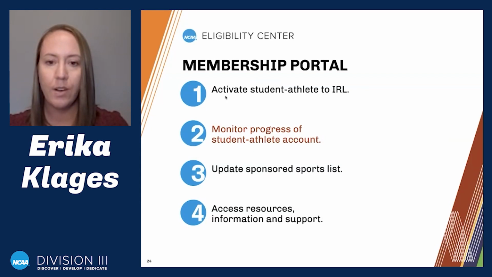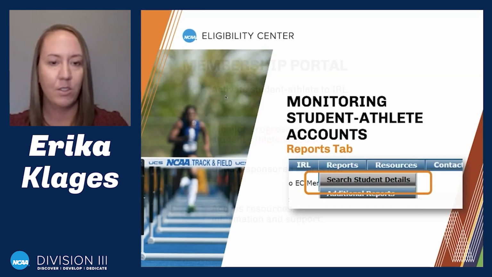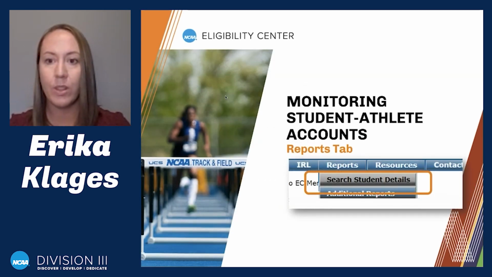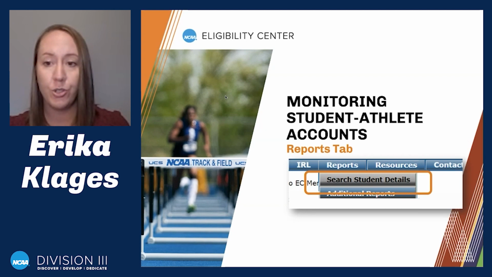So next, we are going to focus on the monitoring of current IRL PSAs, who are currently on an IRL. So here, we're going to start with the Reports tab. So again, once your PSA is on an IRL, you'll go to the Reports tab and click Search Student Details.